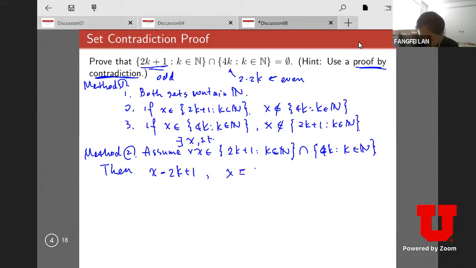So let's use L for some L in natural numbers. If X is in the intersection of these two sets, X has to satisfy both conditions. So X has to be 2k plus 1, and X has to be 4L for some L in N. What does that mean? That means that 2k plus 1 is equal to 4L.